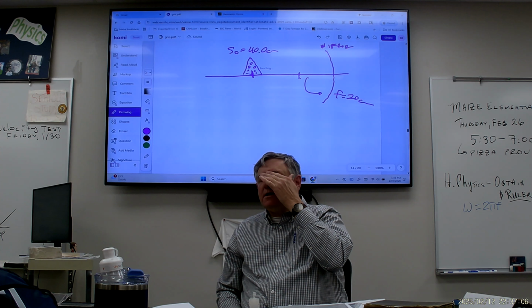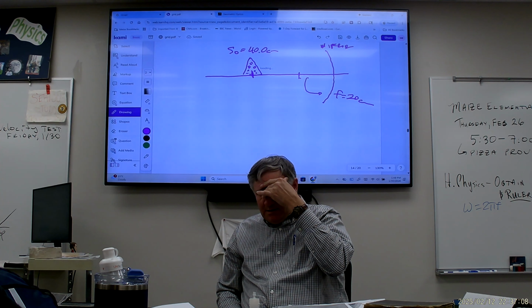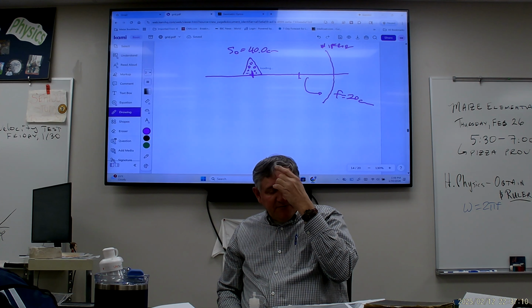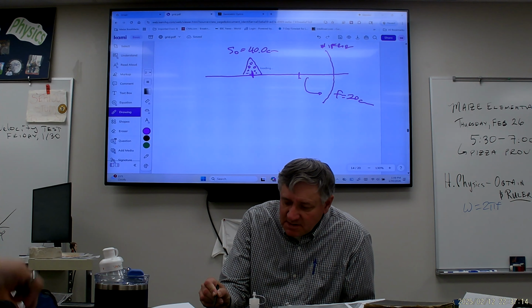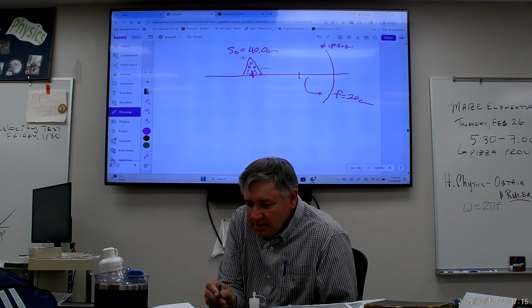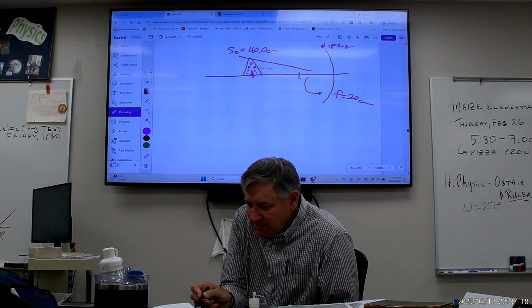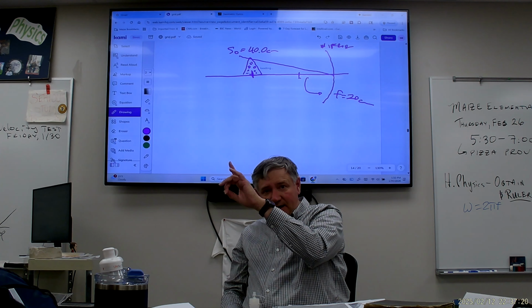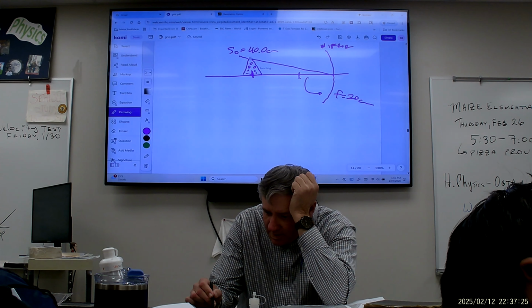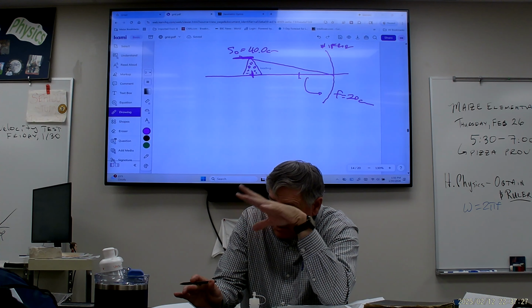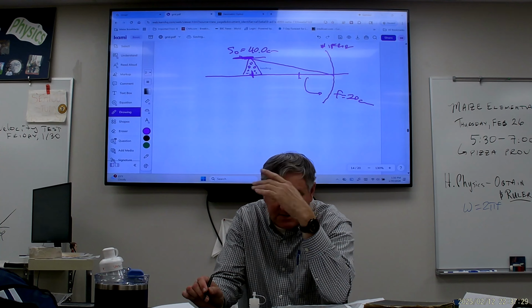Now, let me give you a hint when you draw images with mirrors. The first one that you always draw goes from the object to the center line of the mirror where that primary optic axis exists. And then whatever distance this is, if you're drawing this by hand, I don't care what the scale is.